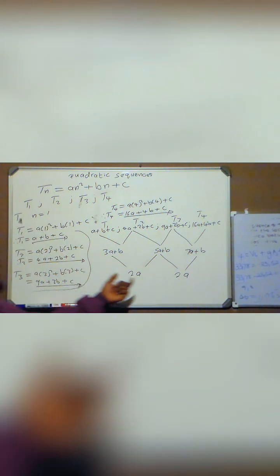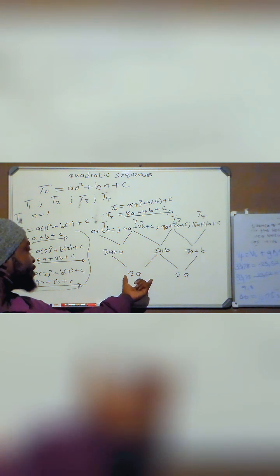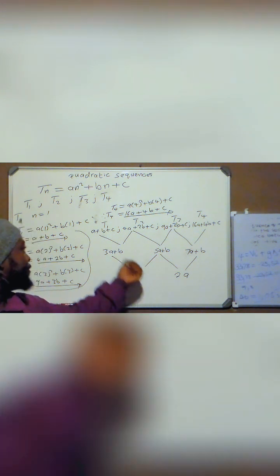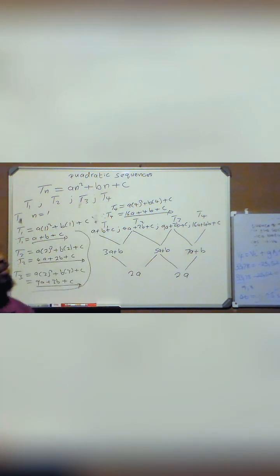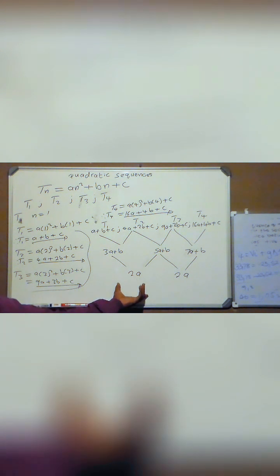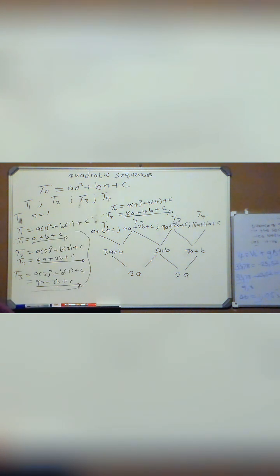So we will be using this to find the values of a, b, and c, so that we substitute in the general term of the quadratic equation. So in the next part of this video, I'm going to be showing you how we can use this to find the values of a, b, c for a given quadratic sequence.